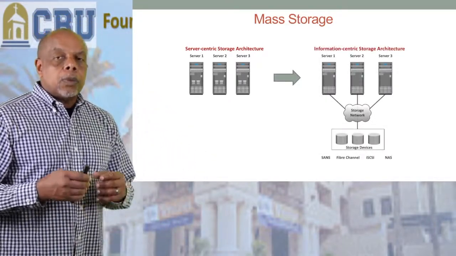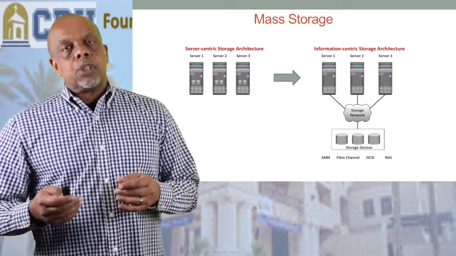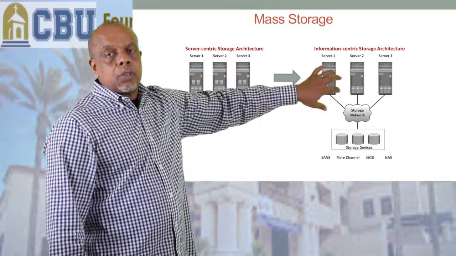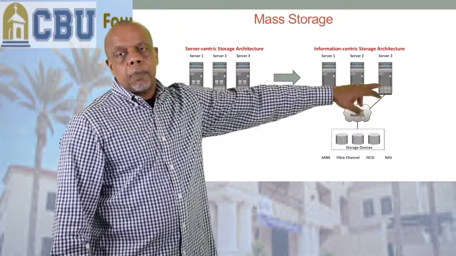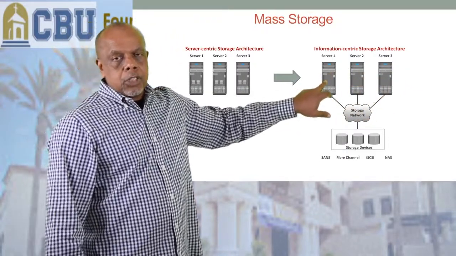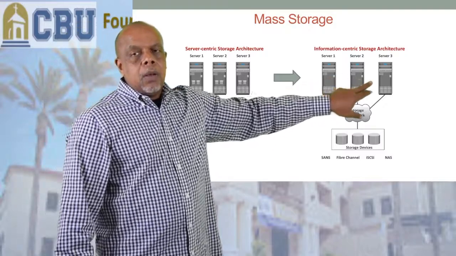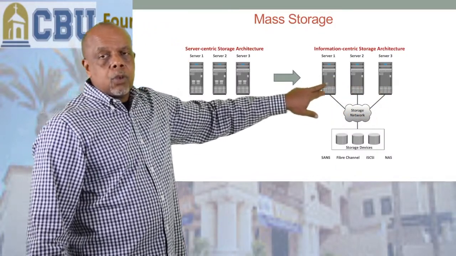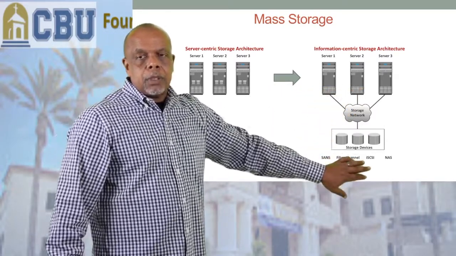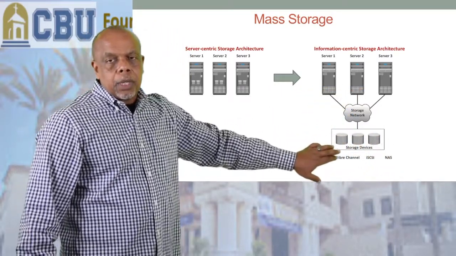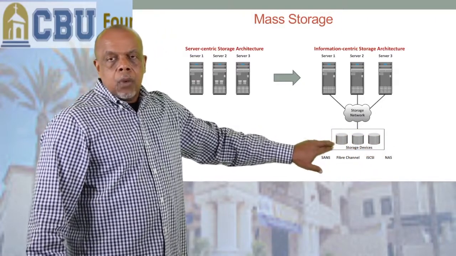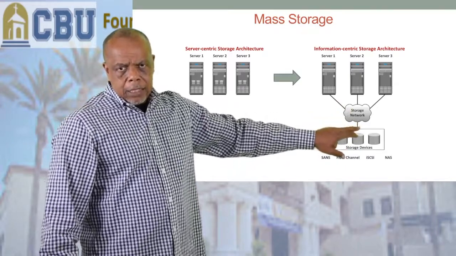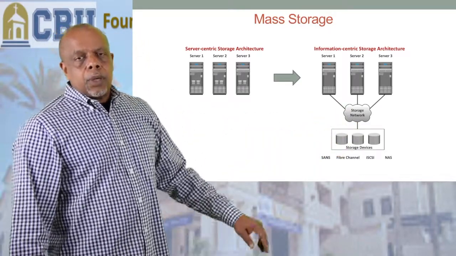Well, now we've gone into what we call an information-centric storage architecture. I've still got the same 3 servers. Let's say this is my print server and this is my Exchange email server. Now I have moved the mass storage out of them, and I've built a storage network down here and it goes through a SAN, a storage area network, or NAS.